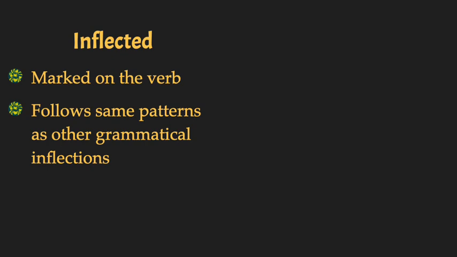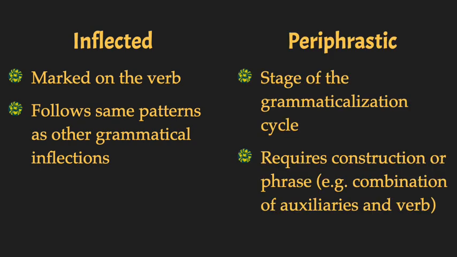Inflection, though, is contrasted grammatically with periphrasis or periphrastic constructions. Periphrastic constructions are one of the stages of the grammaticalization cycle where it becomes a set phrase or a set way of saying things, and then it gets reduced until it potentially becomes an inflection.